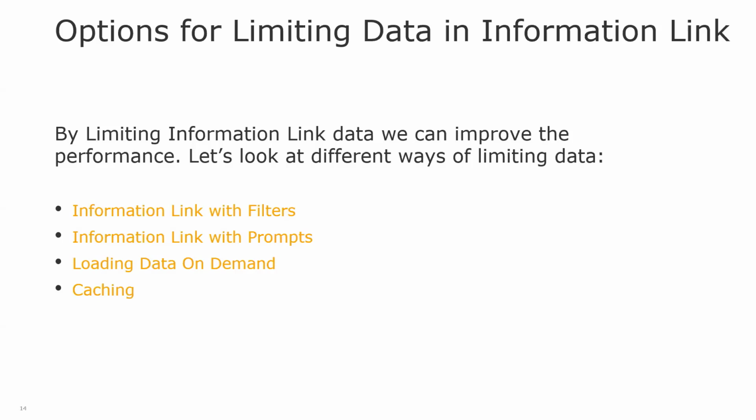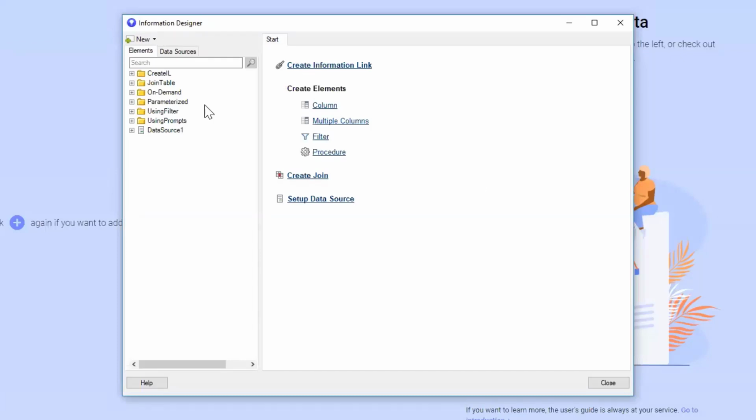We can do that using these limiting data options. The different ways we can limit the data are information link with filters, information link with prompts, loading data on demand, and caching. I'll give you small demos for each of these so that it can improve your performance. Now, let's look at information link using filters.